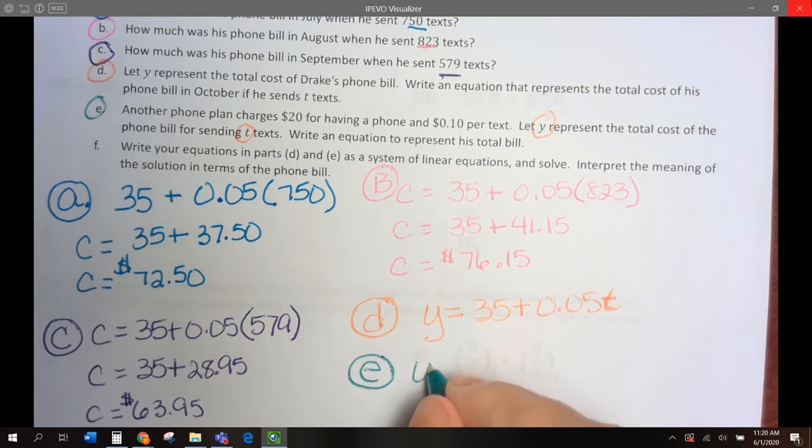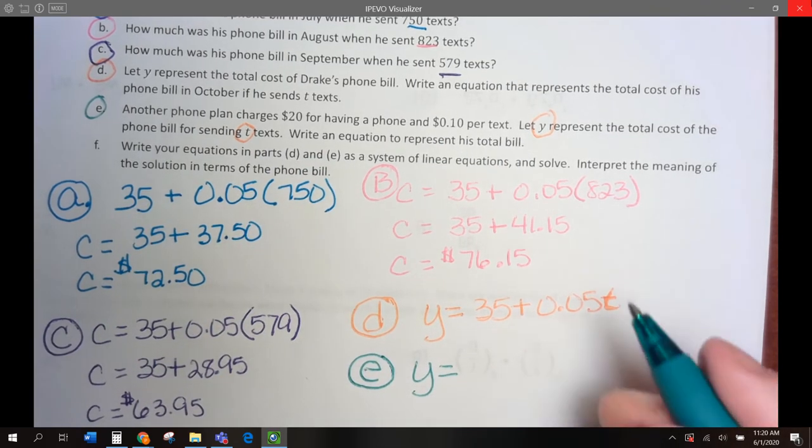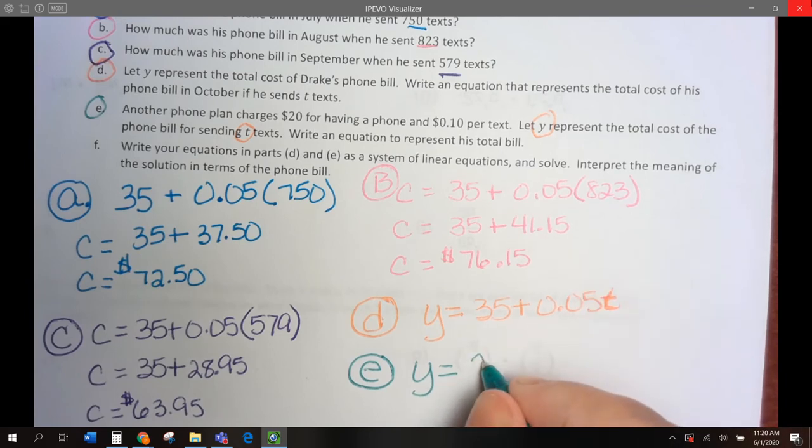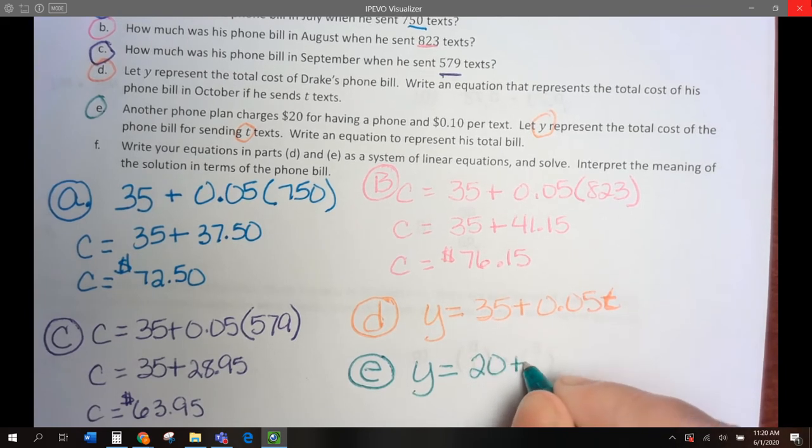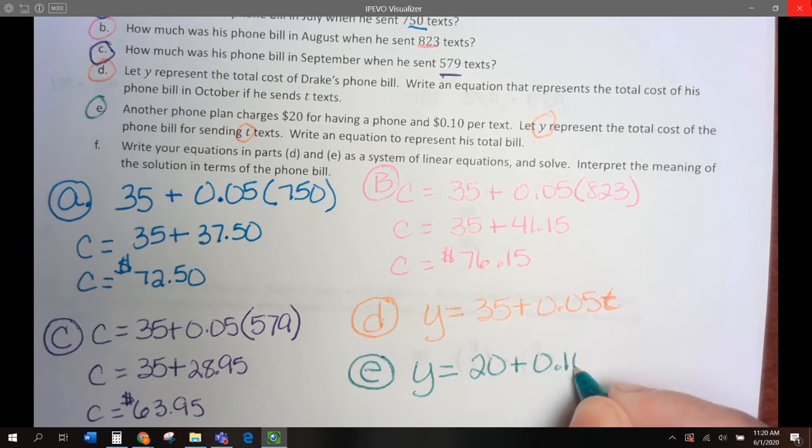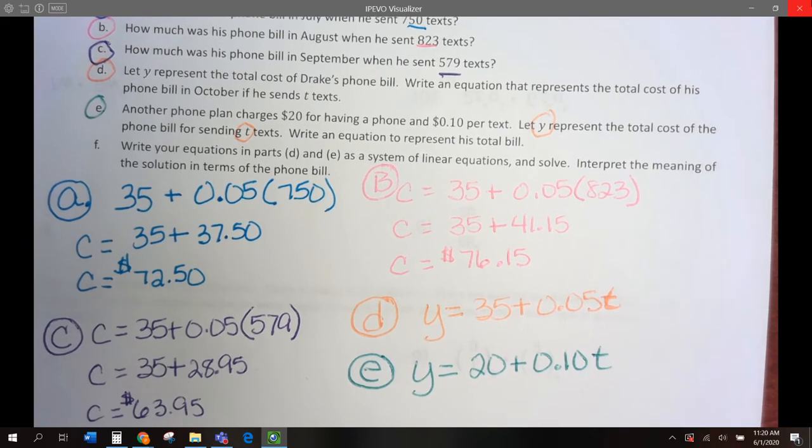So his total cost y, instead of $35 for having the phone, it's going to be $20 for having the phone, plus 10 cents per text. So this would be the equation for the other plan. Okay, so here it's more to own the phone but less per text. Here it's less to have the phone but more per text.